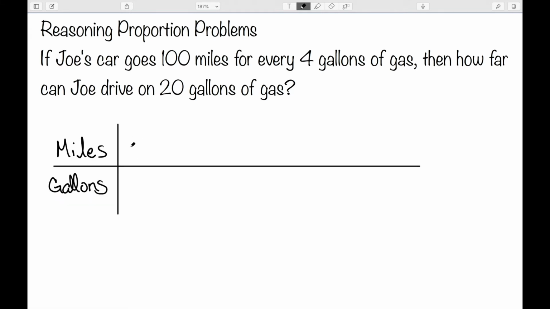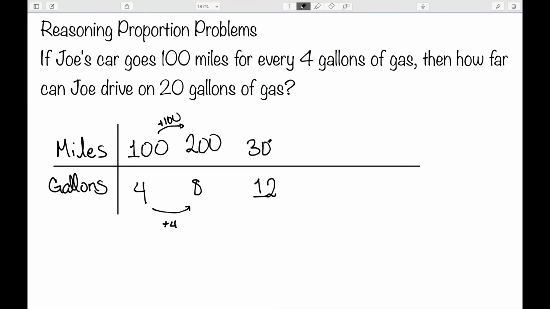So far, I know that he can go 100 miles on 4 gallons of gas. So if he has a total of 8 gallons, then he should be able to go 200 miles, and everything corresponds to this same proportion. 8 plus 4 would be 12. 200 plus 100 is 300. 12 plus 4 is 16. 300 plus 100 is 400. 16 plus 4 is 20.